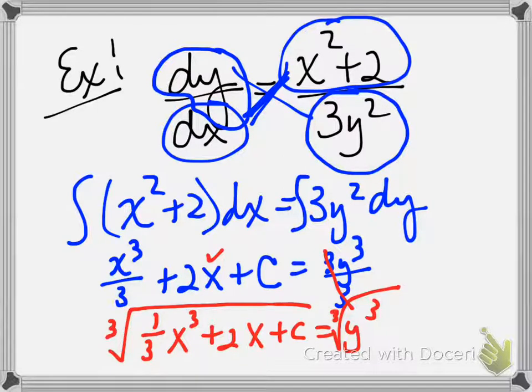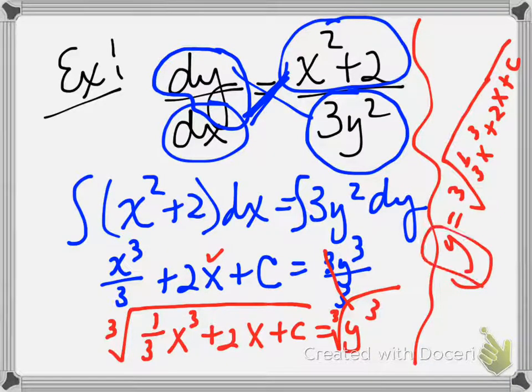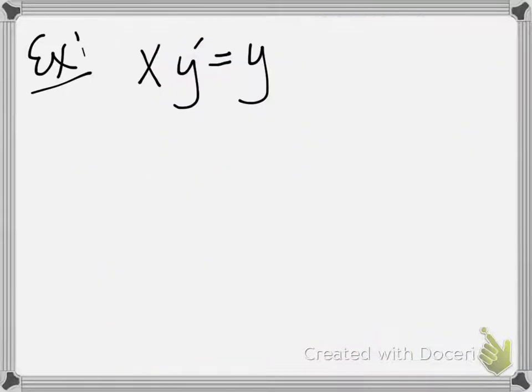So my solution now is simply y equals the cube root of 1/3 x cubed plus 2x plus c. Just like that. We want to solve these for y. You're going to see in the examples that we'll do from the AP test that they always say to find it in terms of y, or they'll have notation that indicates to you that y needs to be by itself. Alright, so let's try the next one.